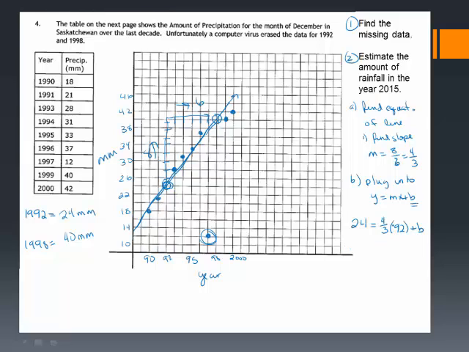Should probably make that 1992 just to be safe. So I need to do 4/3 of 1992. I'm going to take 1992 and multiply it by 4, and I'm going to get 7,968 thirds plus b. Now if I divide that by 3, oh, it does divide by 3. That's awesome. So 24 is equal to 2,658 plus b.